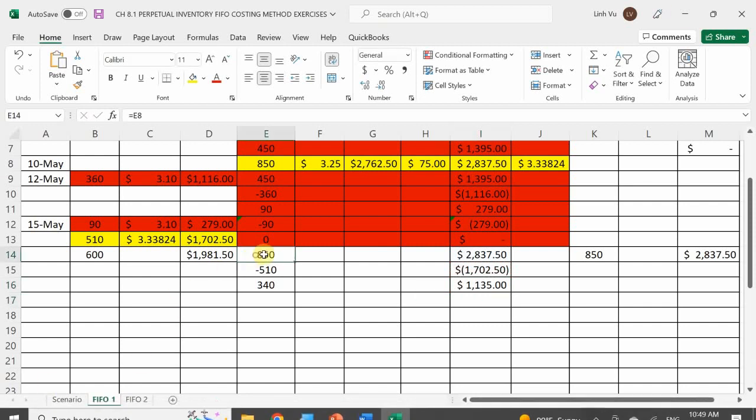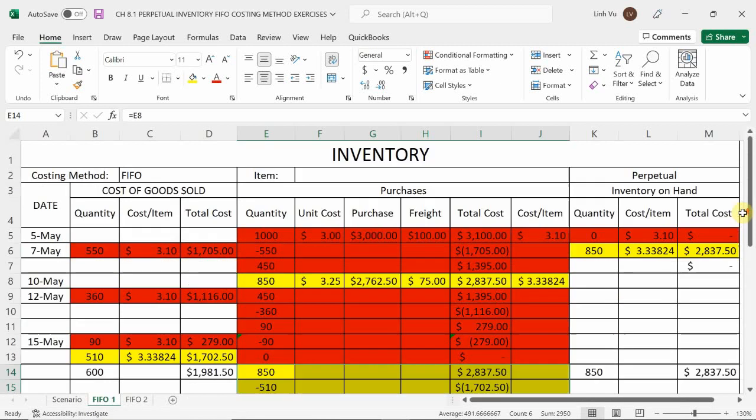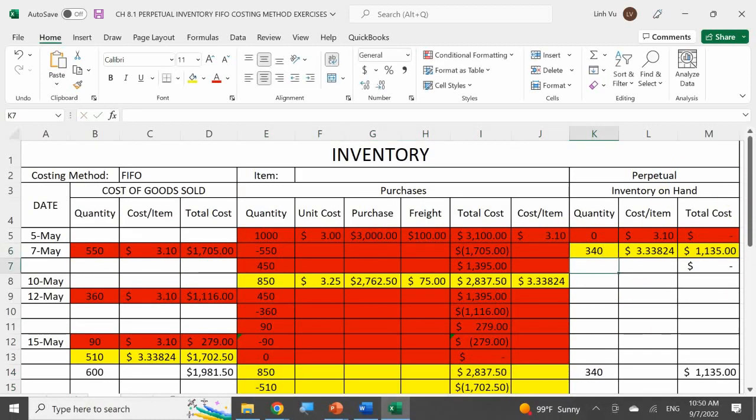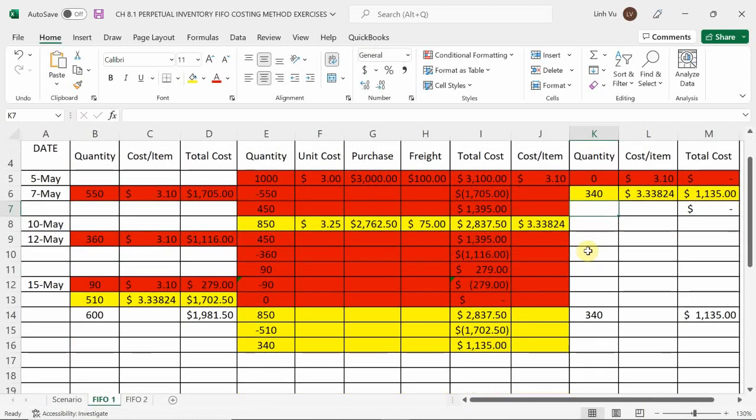So now we know this is my yellow batch of inventory. Let's update my inventory because I no longer have 850. I only have 340 left, 340 at 1,135.